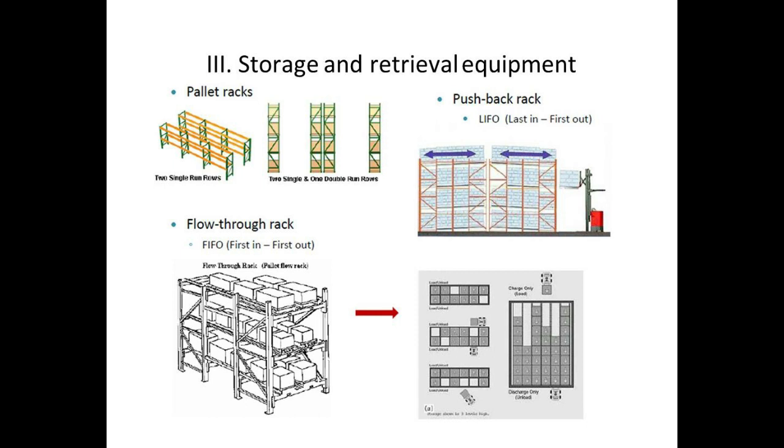It is based on first in, first out. So whatever package you keep first will come out first, because you are pushing the material behind the first one. Once you push, the initial one will come out whenever you need. So this one is the material storage and retrieval equipment.